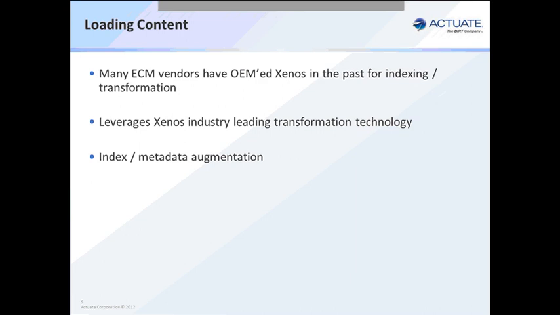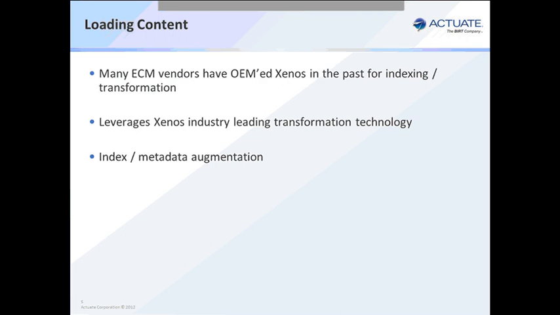By doing the indexing and transformation, we make it a lot easier to search and retrieve content, so end users get a better experience, as well as enabling electronic discovery. Additionally, through Xenos data transformation technology, organizations can easily augment the metadata that's extracted from the document.